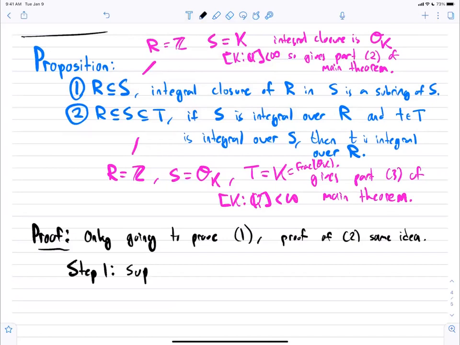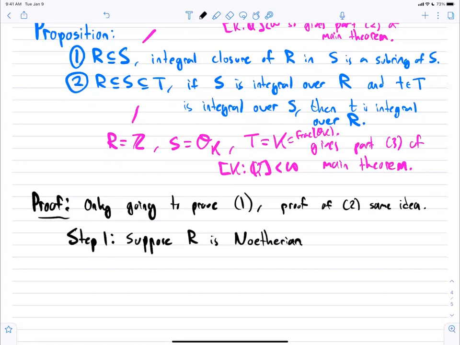I suppose R is Noetherian, and let me write R tilde for the integral closure of R in S. And I want to show that it's a subring. So right now I just know it's a subset. I want to show it's a subring.